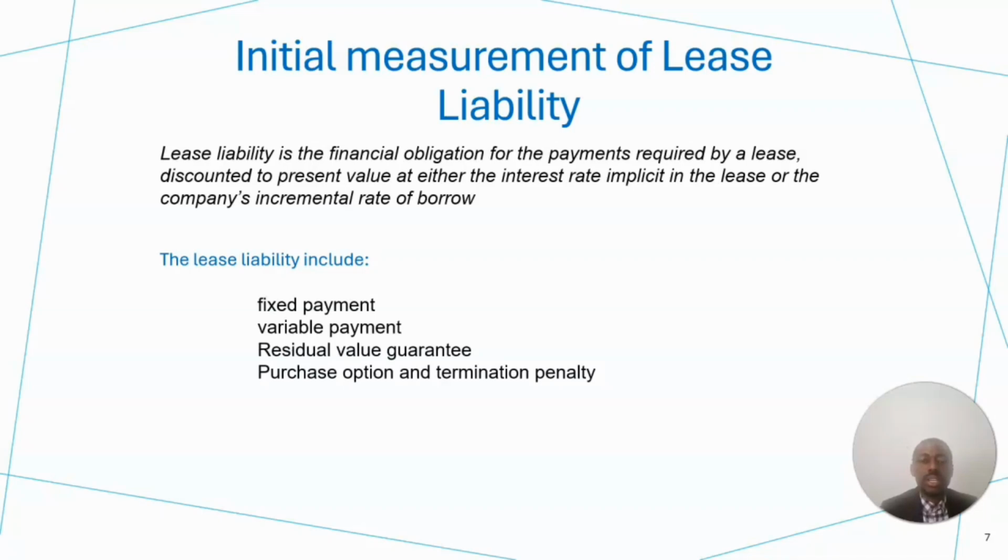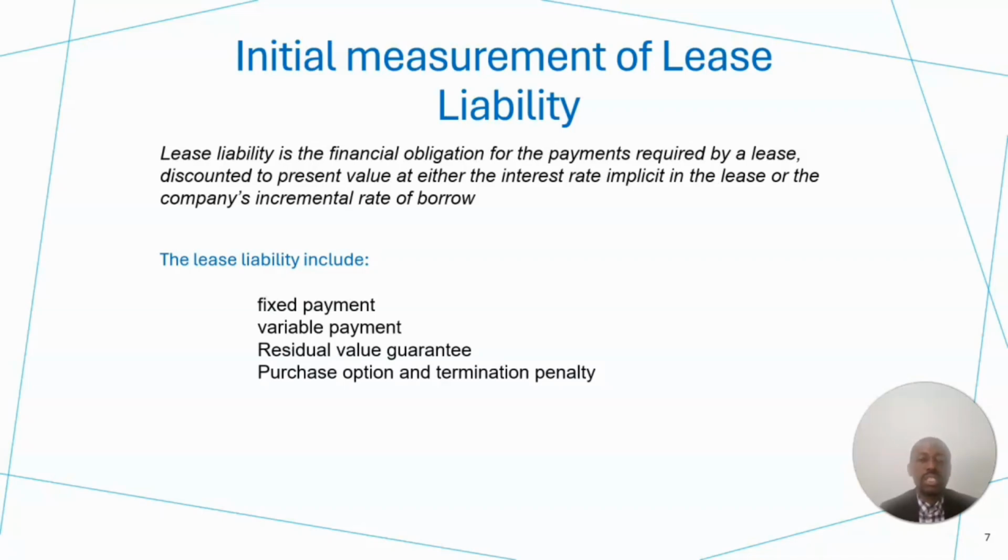So how do I get the present value? I need to discount the cash flows to present value using either the lease interest rate or my own incremental rate of borrowing. But most of the time in practice, it is not very easy to get the interest rate implicit. The interest rate implicit is the lessor's rate of borrowing.